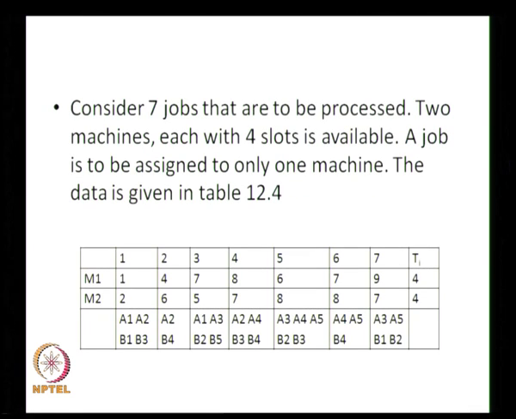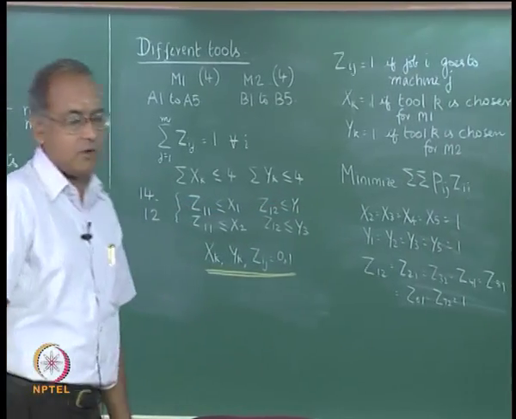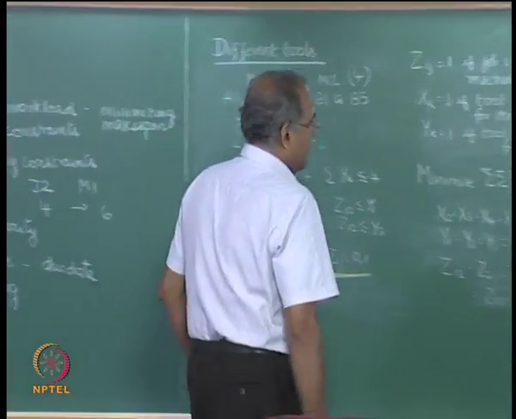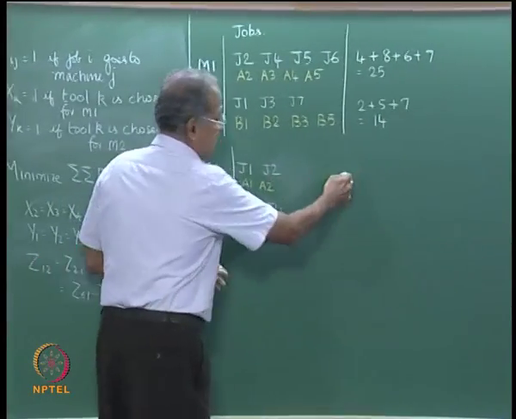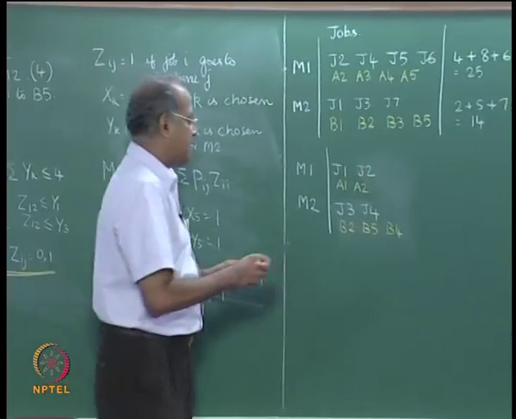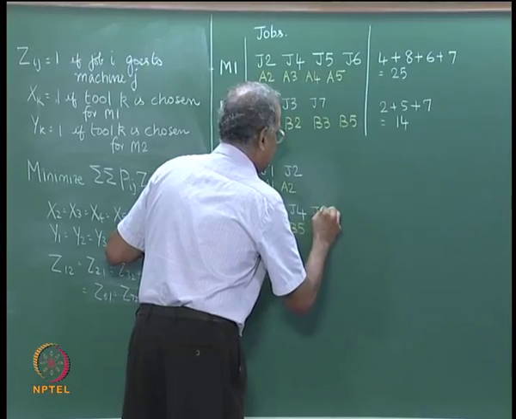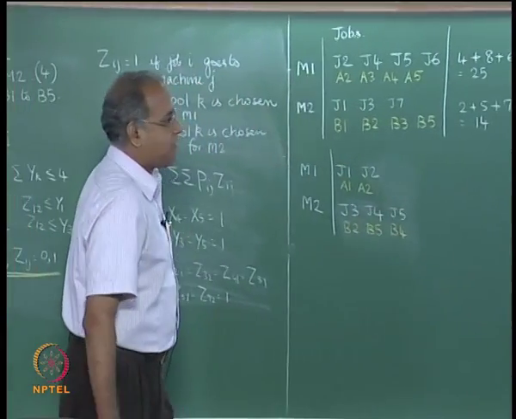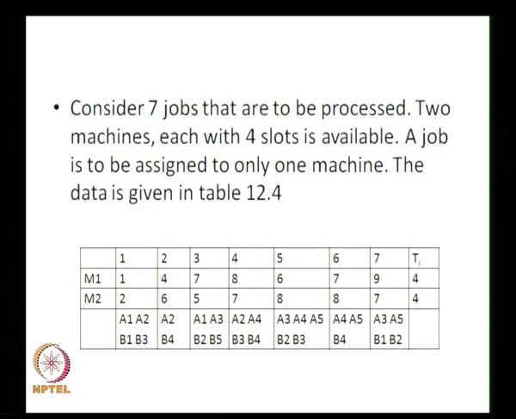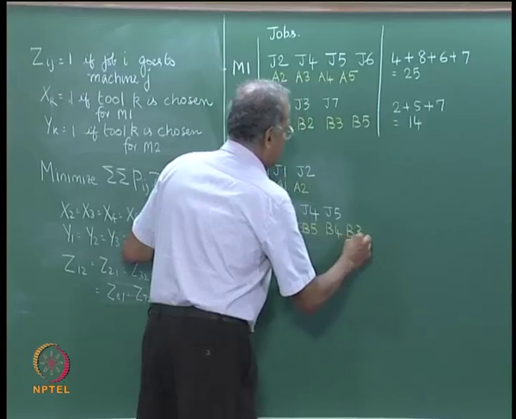So, J4 goes this. Now, J5 cannot be put on M1 because J5 requires tools A3, A4 and A5. So, we will exceed this. So, J5 has to come here. So, J5 requires tools B2 and B3. So, B3 is added.